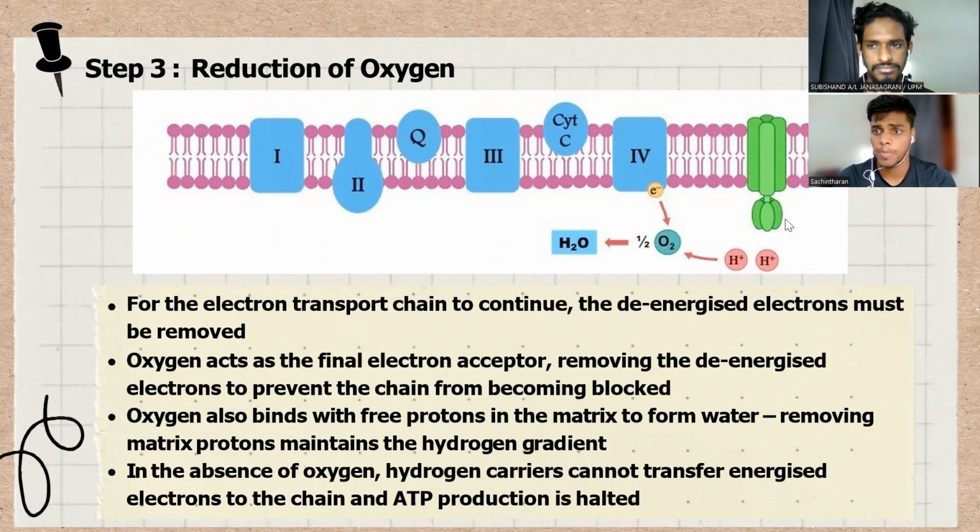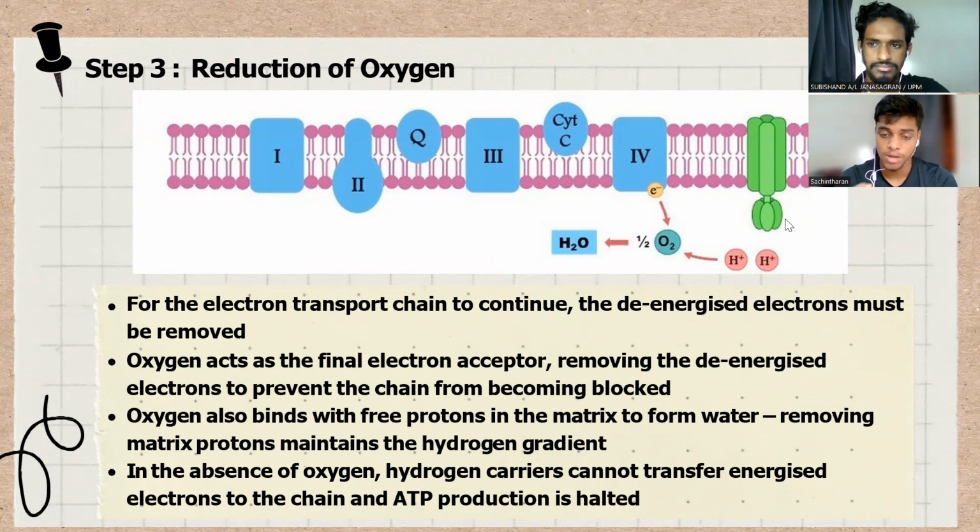Then the oxygen also binds with the free protons in the matrix to form water by removing matrix protons, and this maintains the hydrogen gradient. And then in the absence of oxygen, the hydrogen carriers cannot transfer energized electrons to the chain, and ATP production is halted.